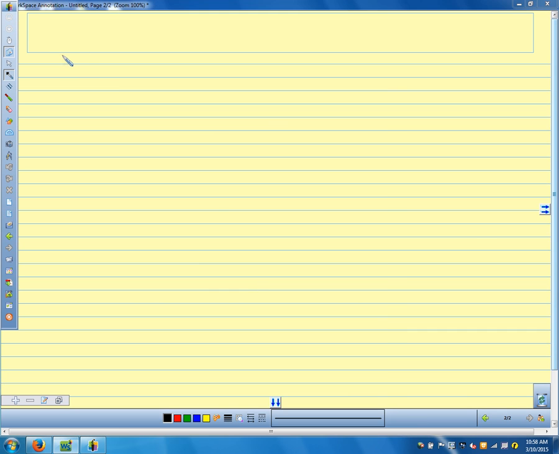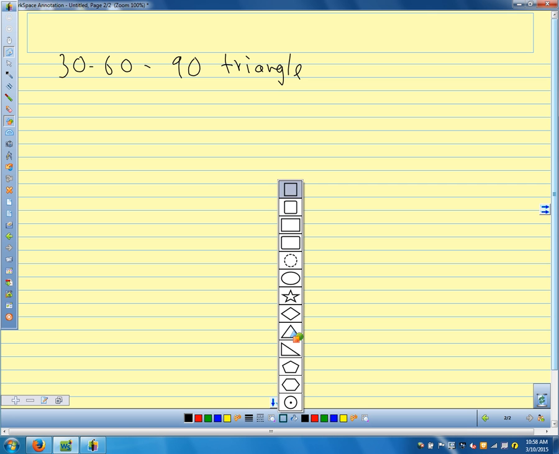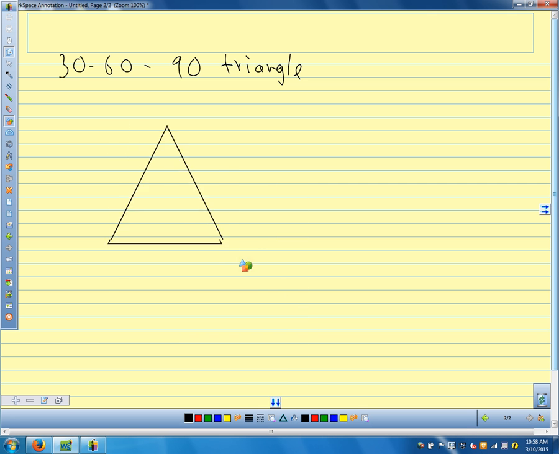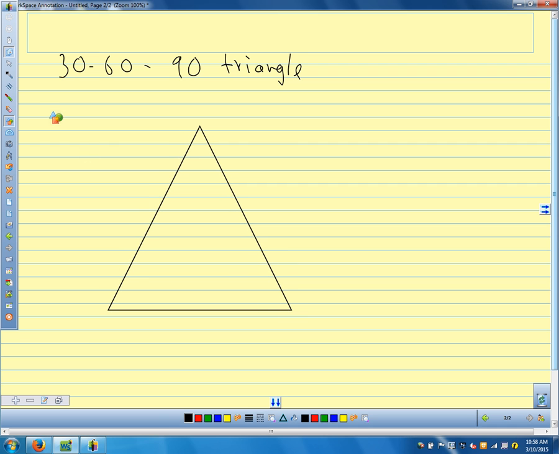The next one is a 30-60-90 triangle. So for this one, let's start with an equilateral triangle. In an equilateral triangle, we know that the sides are all the same. I'm going to start with the side length being 2. What are all the angles in an equilateral triangle? 60.